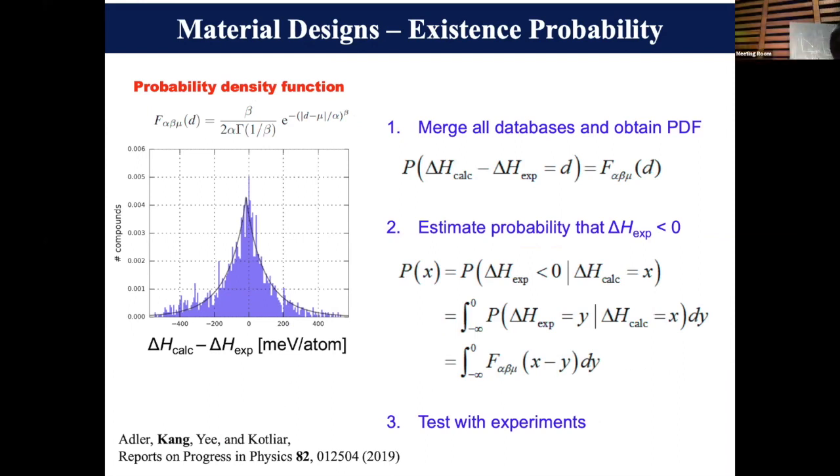Actually, after the correction, the computational distribution looked like this, and we tried to fit this distribution with a certain type of probability function.